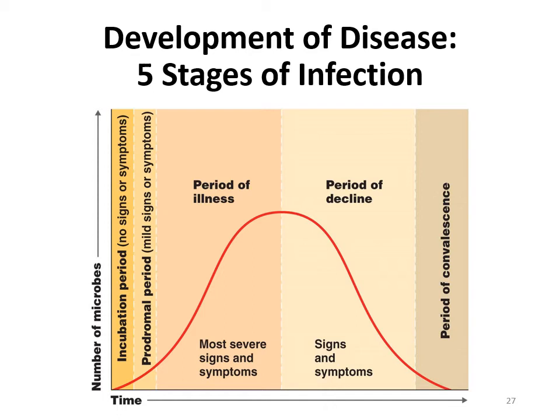So now that you're weakened, now your normal flora, who are usually the good guys, they can jump in and make you sick. Okay, you can also, because you're in a weakened immune state now, pick up infections in the outside world where you may not have normally gotten sick from these things because, you know, you were strong enough before to fight them before you really saw any illness.